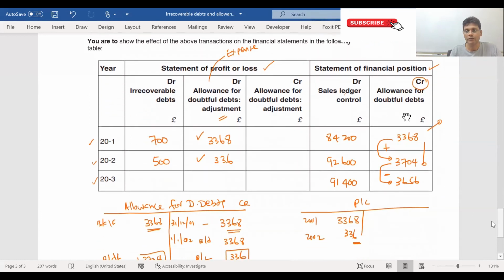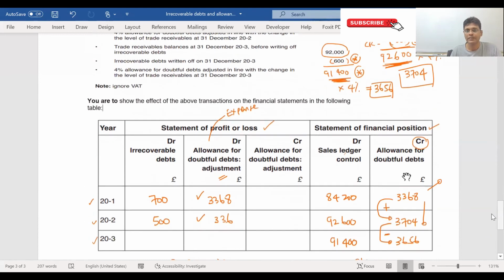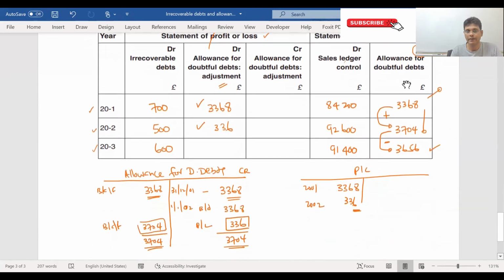Okay. So first of all, we'll record the irrecoverable debt 600. 600 has to be credited to the receivable account and debited to the profit and loss account. Then the 4% general allowance of 3656 will be the allowance for doubtful debts. And the profit and loss account, what has to be done?